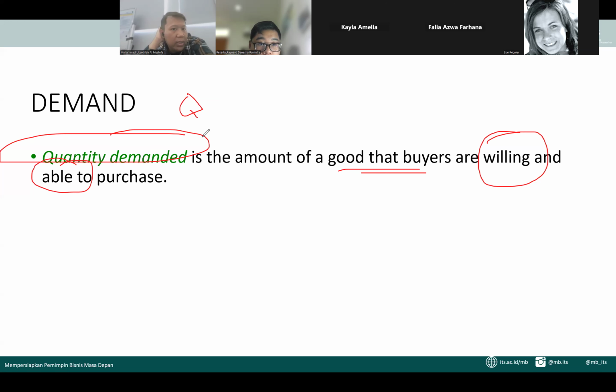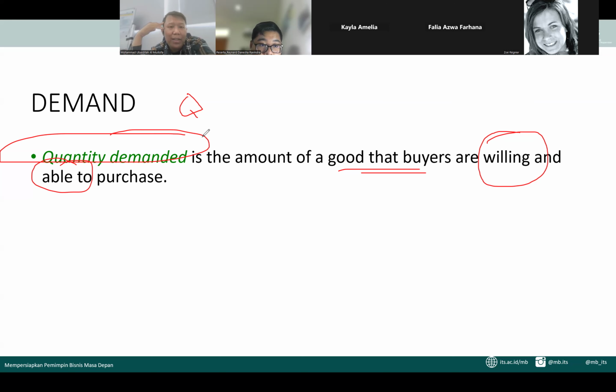We cannot call it demand if we only have the willingness but not the capability to purchase. For example, I believe that every one of us male students wants to have a Ferrari, right?